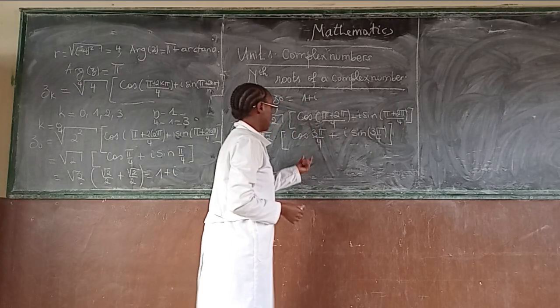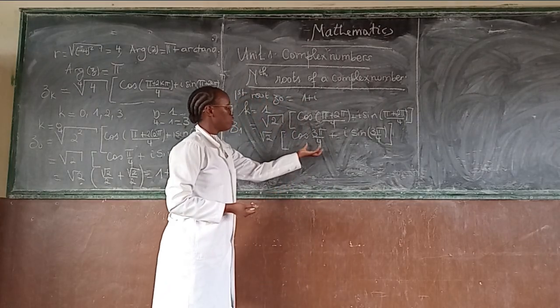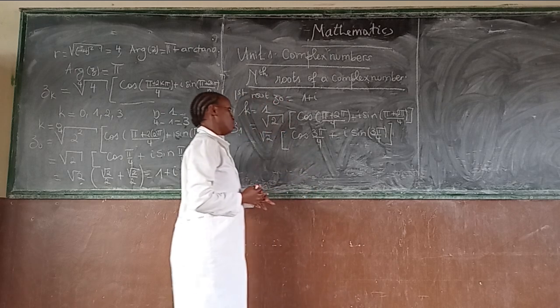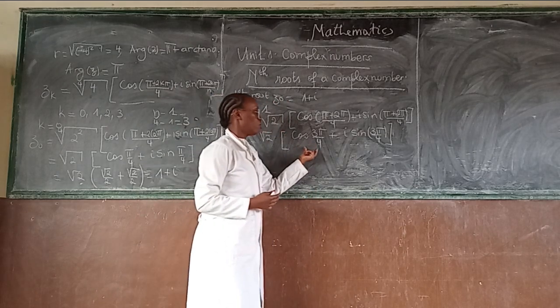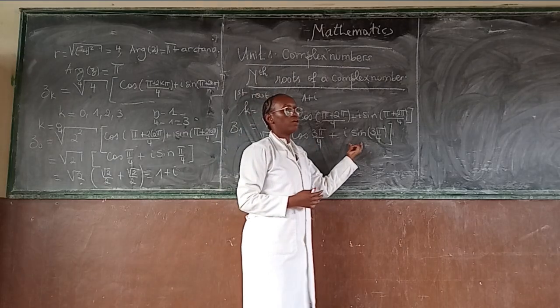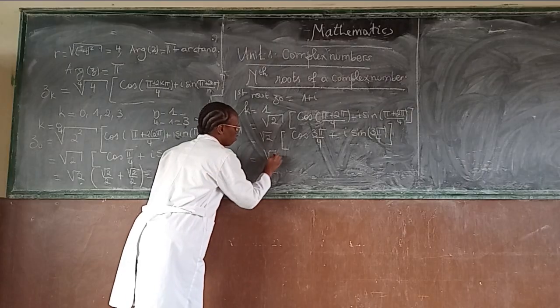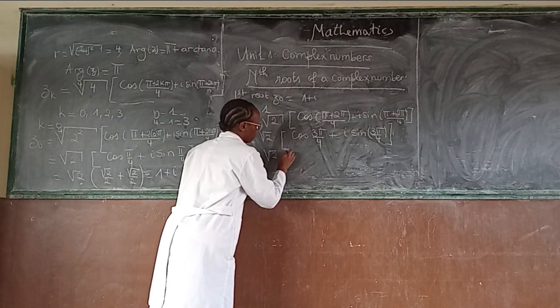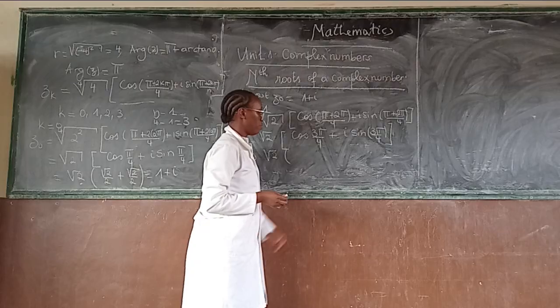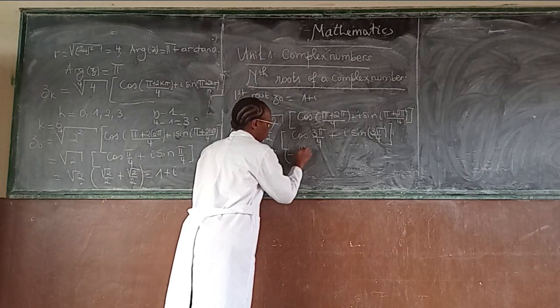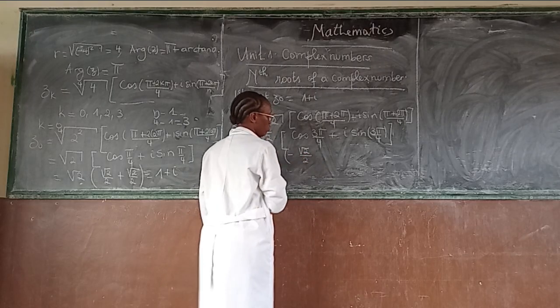So again, this angle 3 pi over 4 is lying in the second quadrant. So our cosine will be negative while sine is still positive. So in the rectangular form, we have square root of 2 times cosine of 3 pi over 4, which is equal to negative square root of 2 over 2.